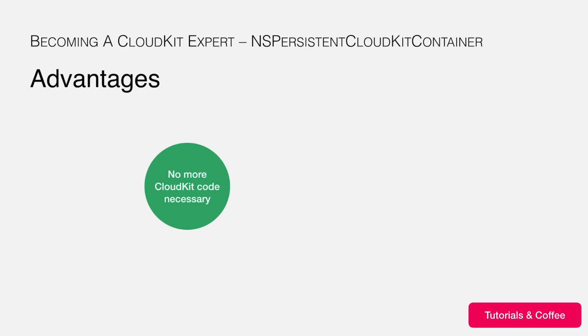There's a lot of error handling. You need to handle the incoming notifications if changes occur on the server, to store what state your database is locally. You need to work with tokens. So there's so much to do, and now you do not have to worry about that anymore.